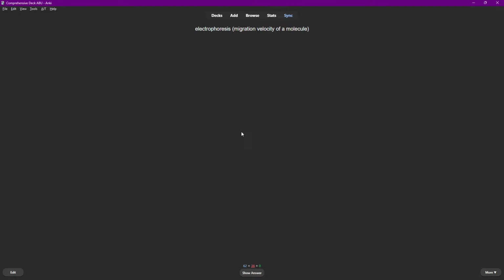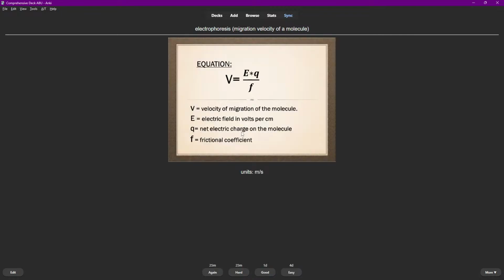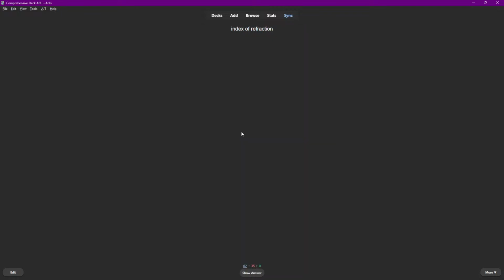Electrophoresis is velocity is equal to EZ, field times charge divided by friction. Yeah. Index of refraction. Index of refraction is equal to c divided by the speed of light in the material.